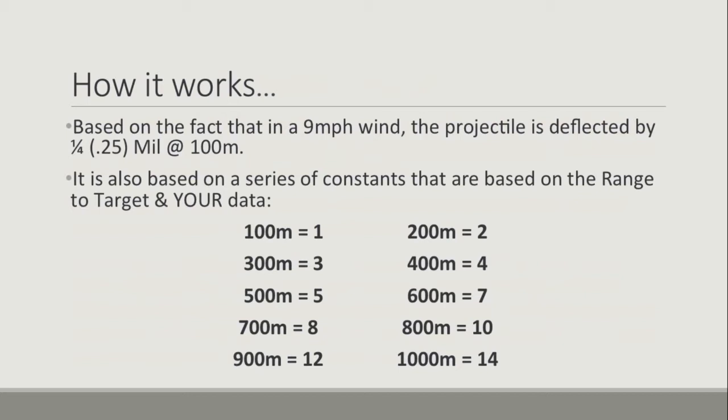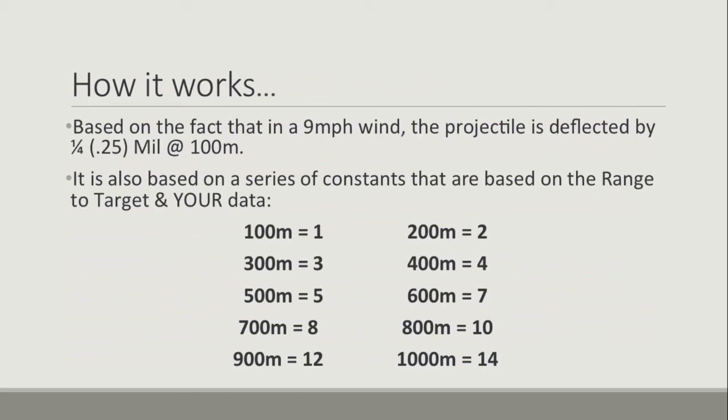The constants you can find on the internet don't necessarily match what I've got down below, because I've tweaked the constants so that they match my rifle and ammunition combination data, so they're more accurate for me than the stock standard formulas and constants that you will find on forums.